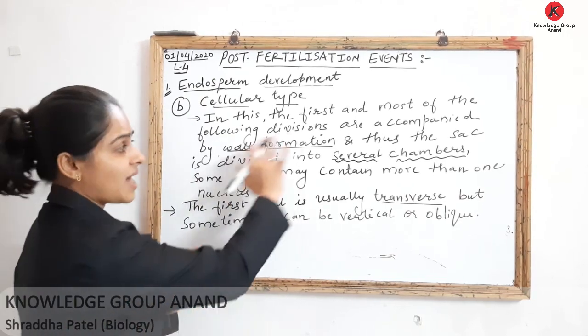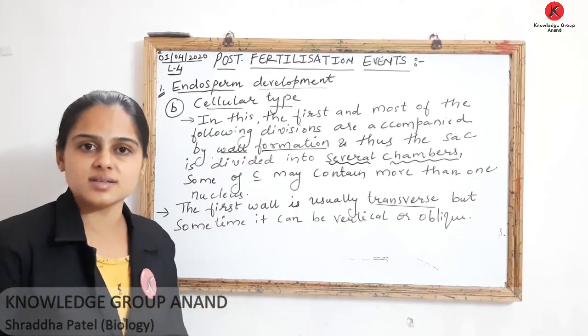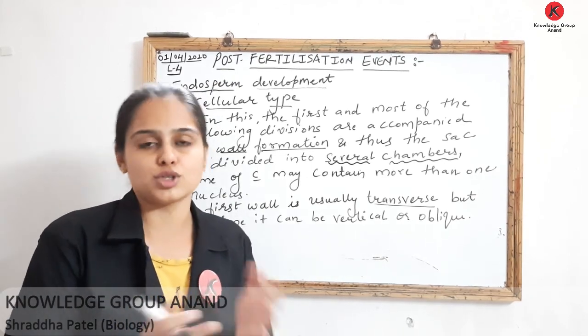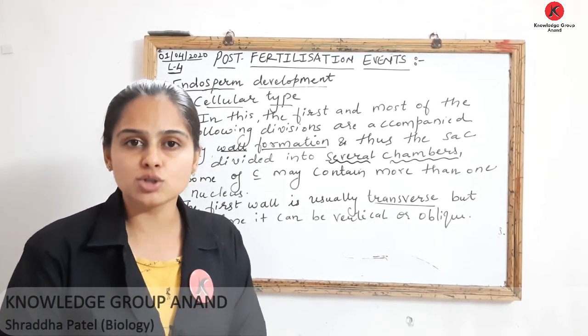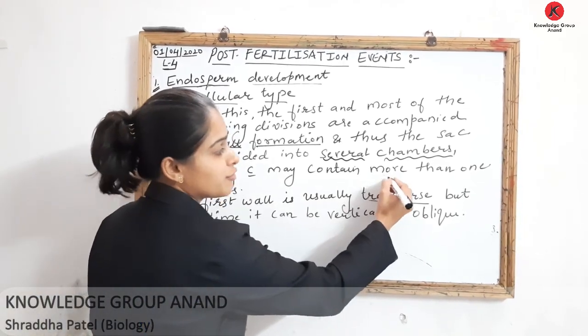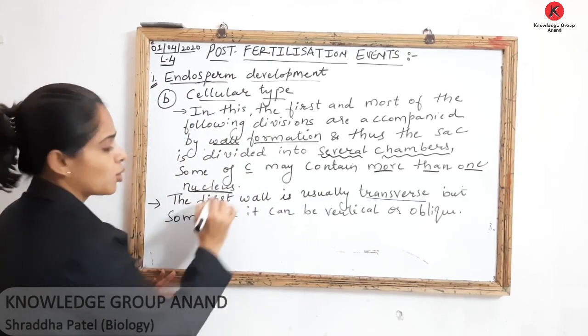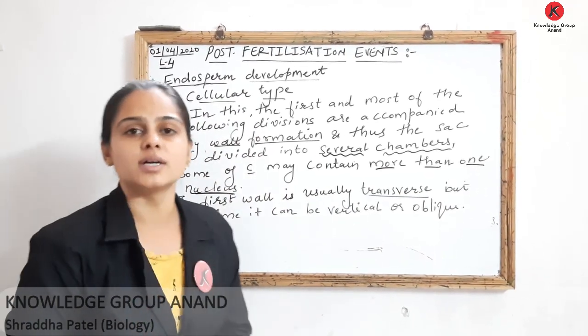Most probably सारे division ऐसे ही होते हैं, लेकिन in certain cases karyokinesis occurs which is not immediately followed by cytokinesis, जिसकी वजह से there will be presence of more than one nucleus in a particular cell.